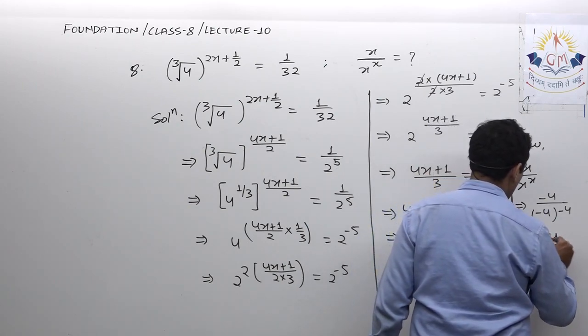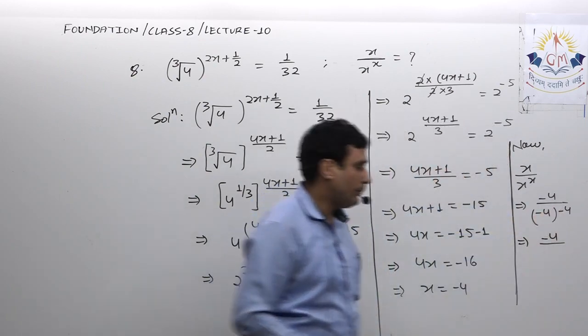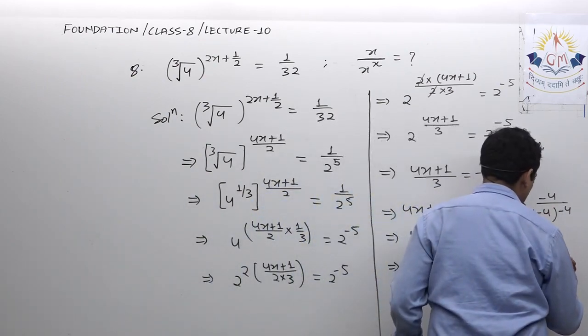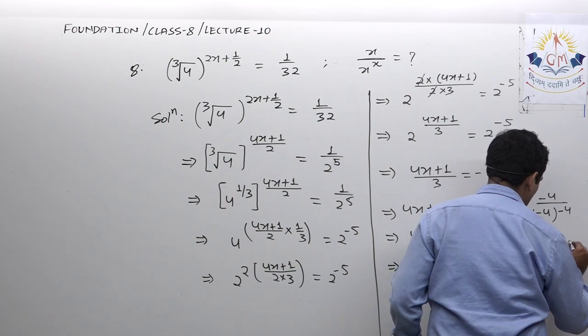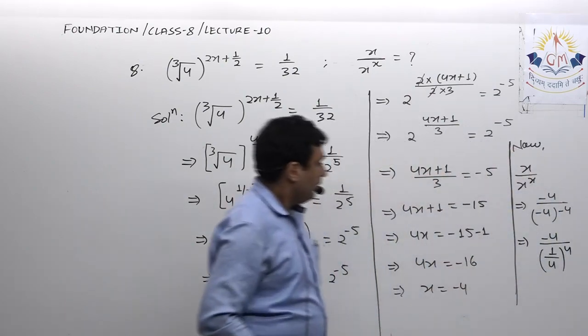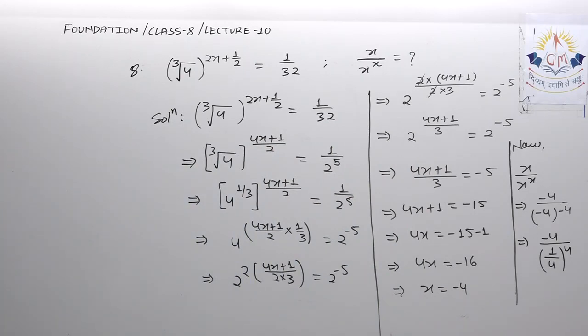So minus 4 upon, now here power I will make it positive. So for that I do write 1 upon 4 raised to 4. Okay, so note it down up to this point, then I will give you its further solution.